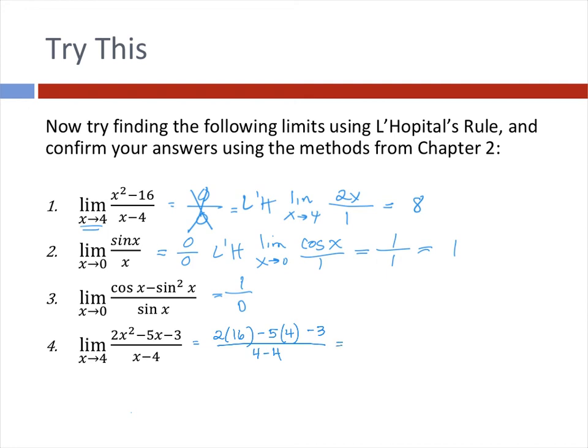And what do we get? 2 times 16 is 32 minus 20 minus 3 all over 0. And that's going to be 32 minus 20 is going to be 12 minus 3 is going to be 9 all over 0. And that's not in the indeterminate form either, so we can't use L'Hopital's method with that, and we're going to have to resort to one of our old methods.